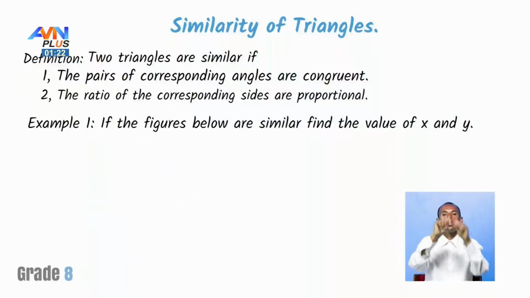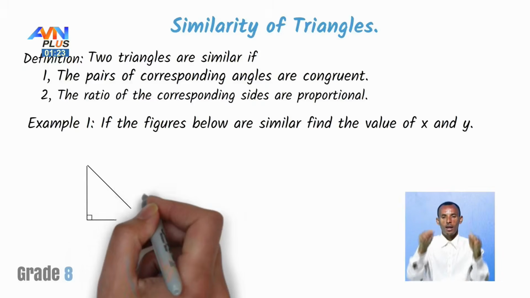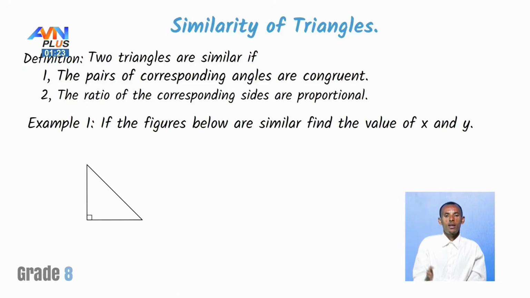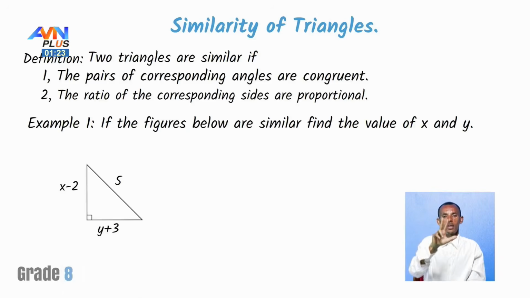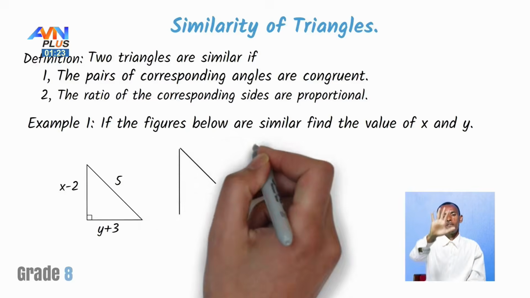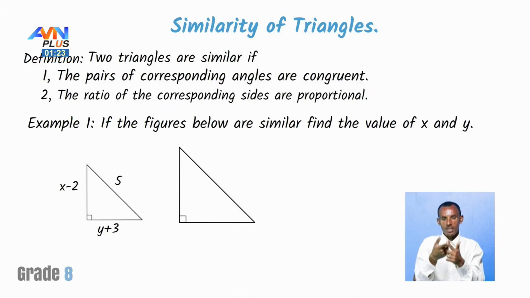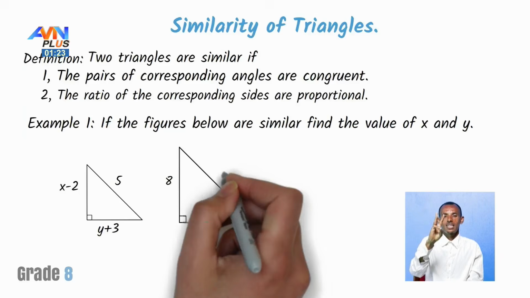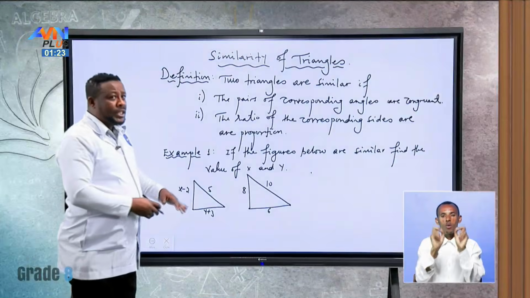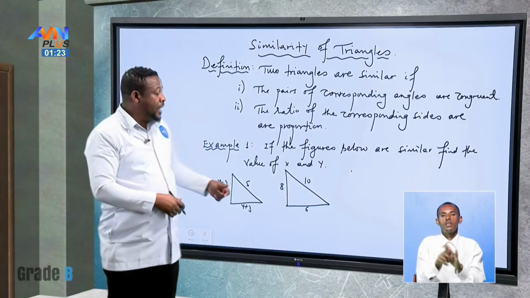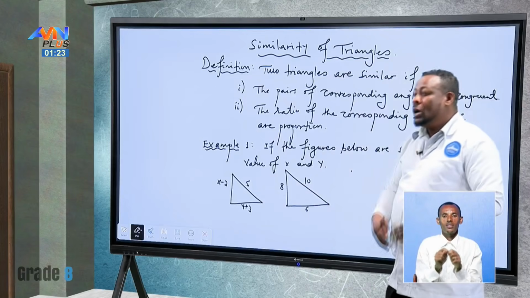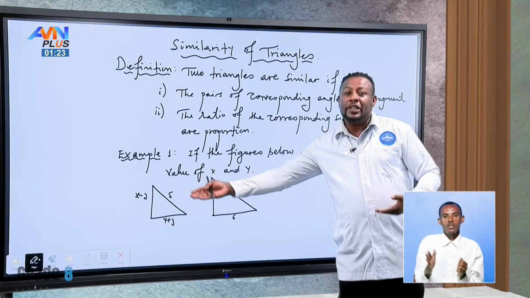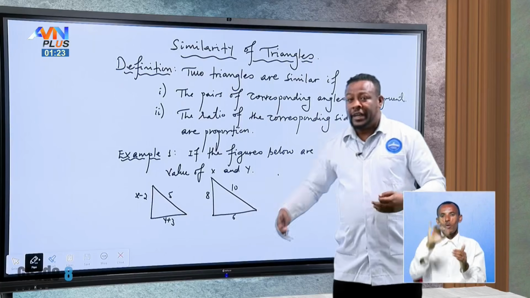Okay, so consider these two triangles. The first one is a triangle with sides x minus 2, y plus 3, and 5.